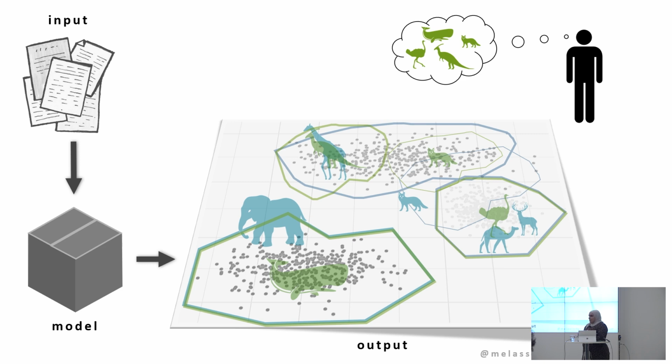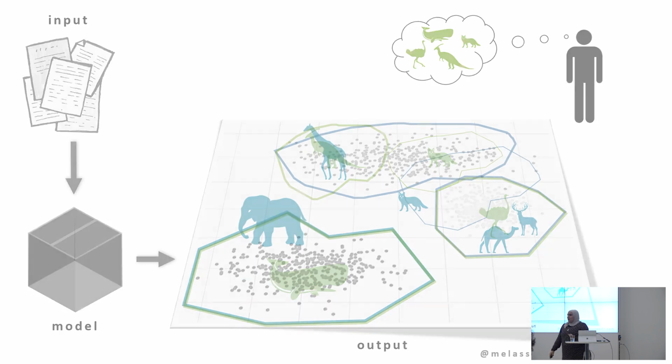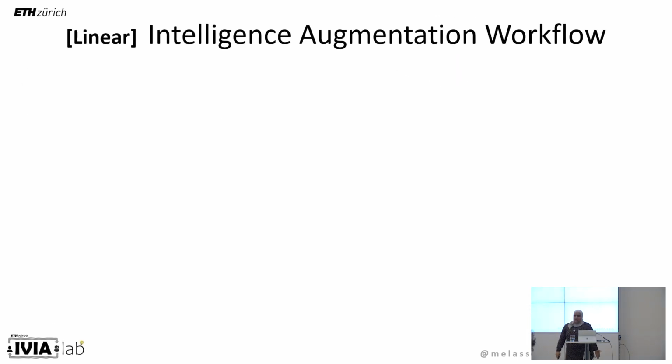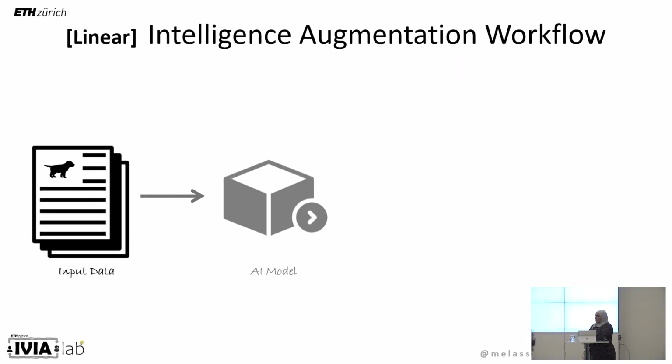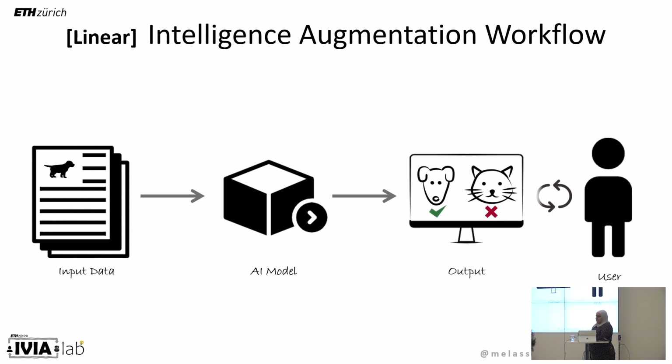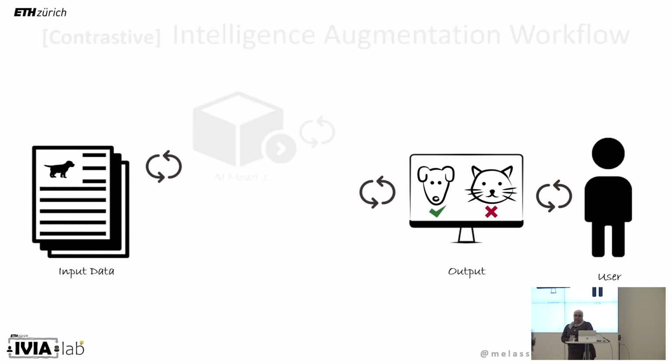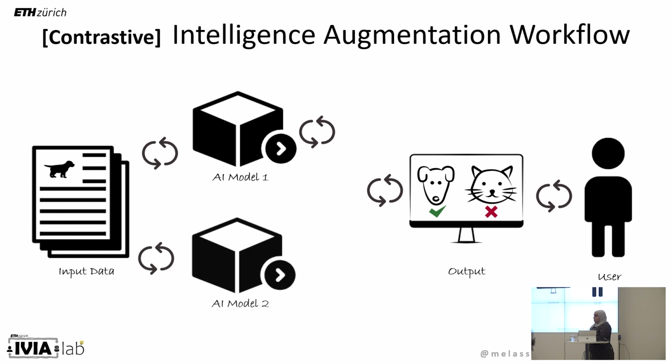In the most primitive way we can put it, we can design a linear intelligence augmentation workflow where we start with the data, train a model, get an output, and just get some user feedback. This is actually not that efficient. So instead of training one model, we can train multiple models.